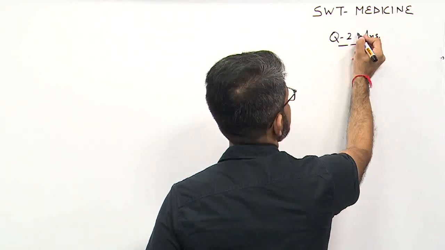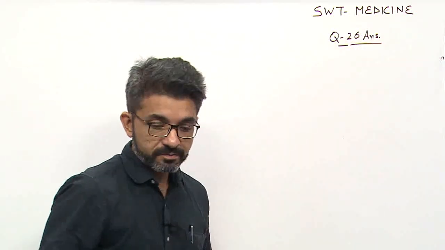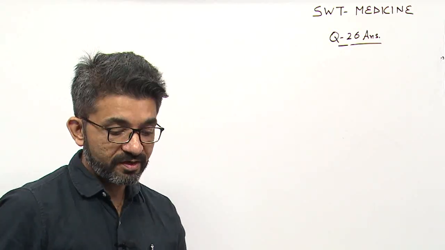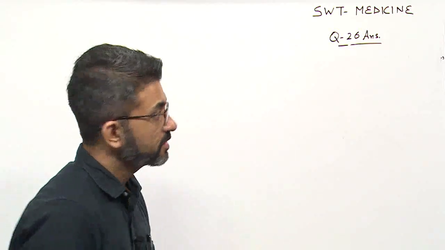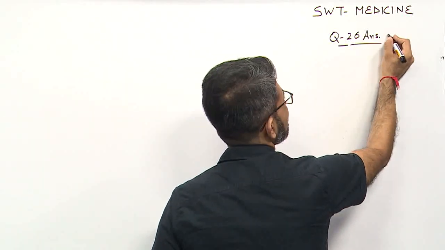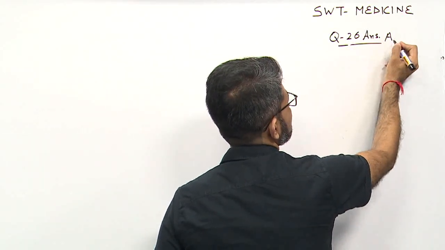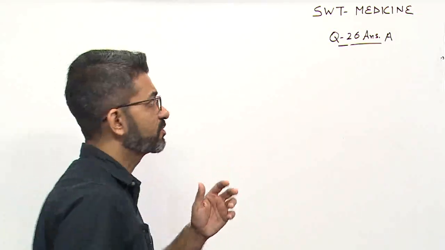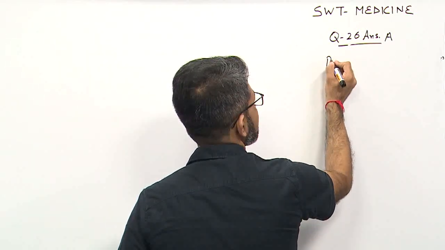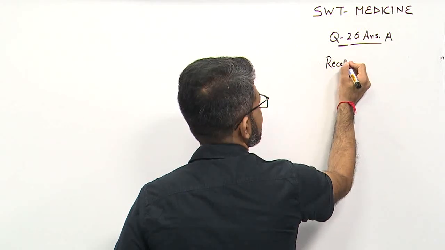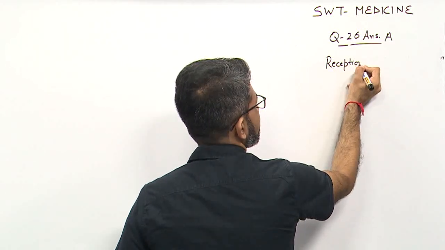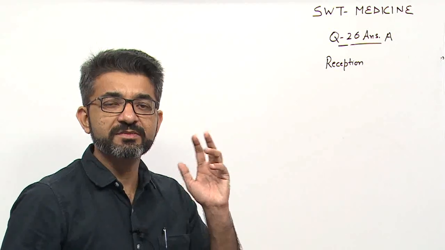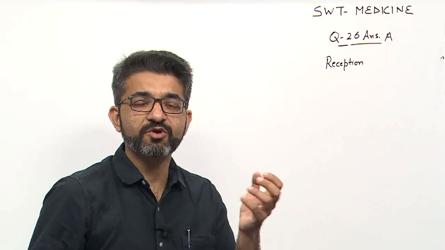Question number 26. It is regarding Wernicke's area damage. Answer is A. See, there is no need to explain it. Wernicke's area means receptive problem in reception. Even if you have comprehension which is intact, the reception is impaired, so you are not able to receive proper signals.